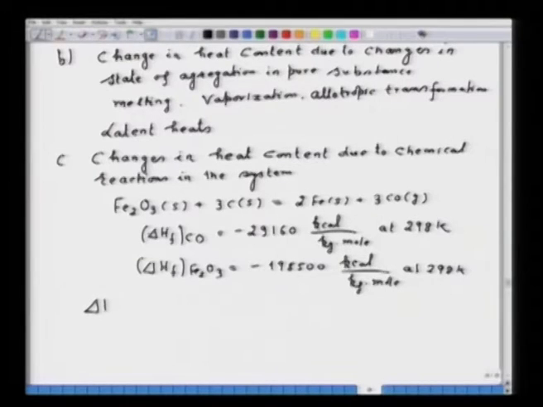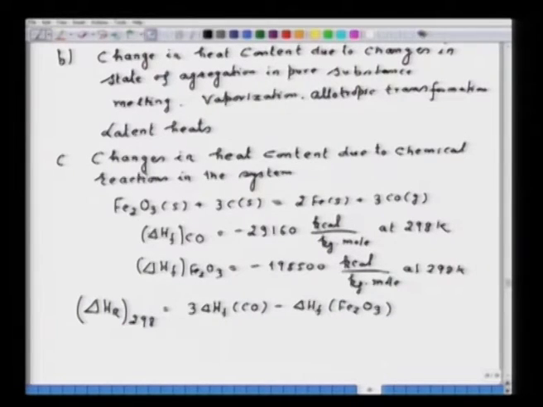So, now delta HR, that is heat of reaction at 298, that will be equal to 3 delta HF CO, that is heat of formation of product, minus heat of formation of the reactant, minus delta HF Fe2O3.